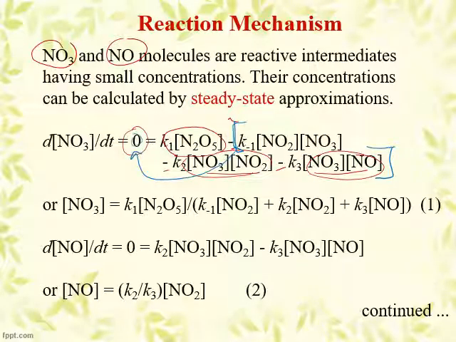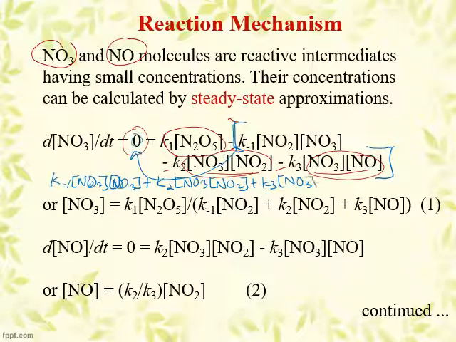When you bring it to that side, it becomes plus: k-1[NO2][NO3] plus k2[NO2][NO3] plus k3[NO][NO3], leaving behind k1[N2O5] on the other side.